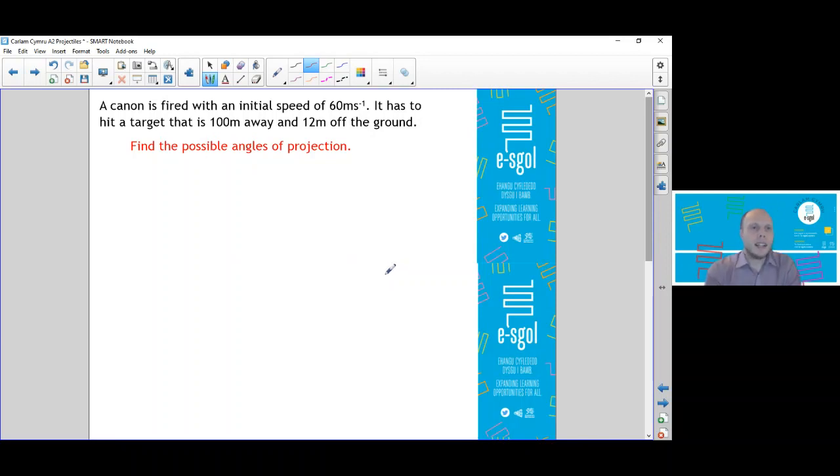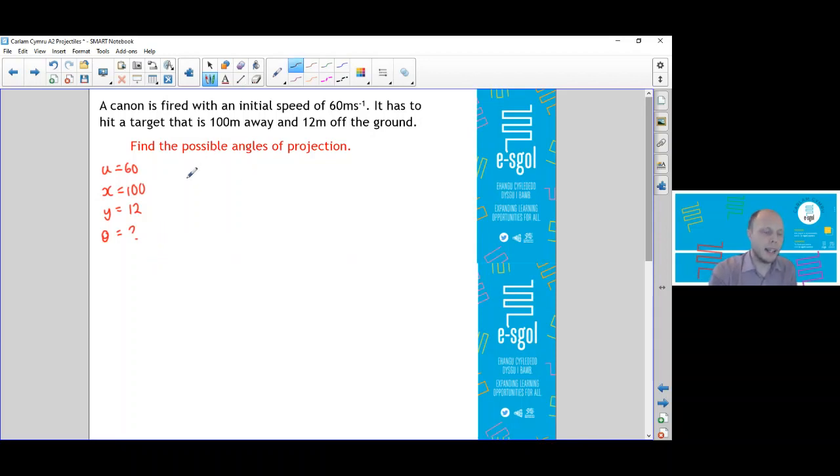So we've got a cannon. It's got an initial speed of 60, so u is 60. It's got a target that's 100 meters away, so x is 100, and that target is 12 meters off the ground. So we've got u, x, y, and what we're asked to find is theta. Now, you don't even need to bother finding the components because you just put these values in as they are.